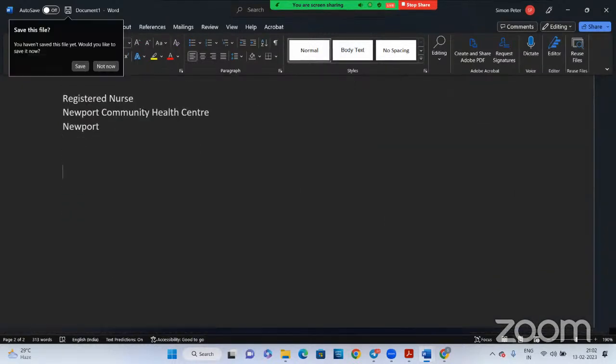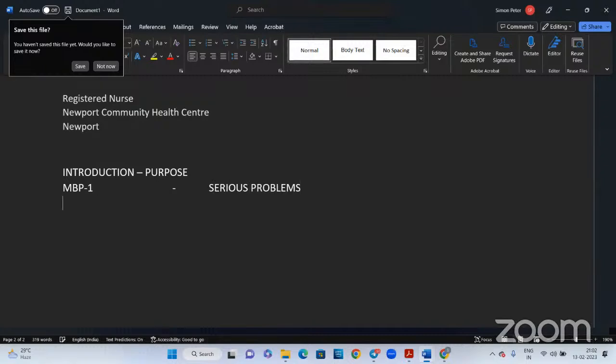So let us see here. Introduction is related to purpose. Then next one, main body paragraph 1. Main body paragraph 1 is related to serious problems. Main body paragraph 2 is related to ordinary things.